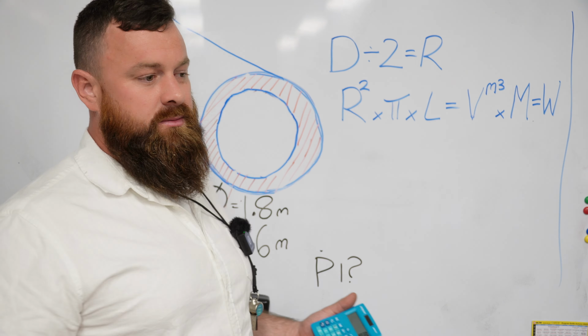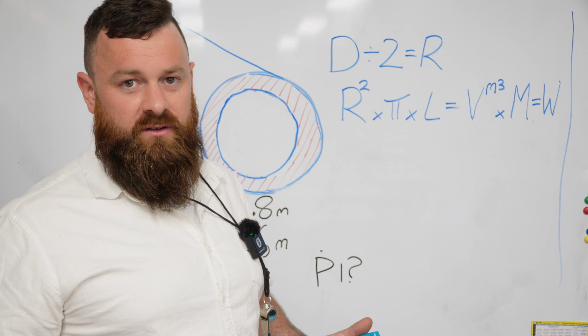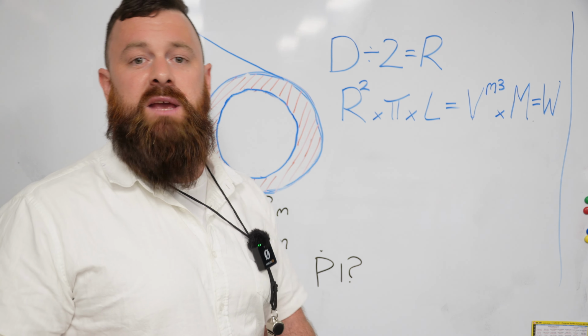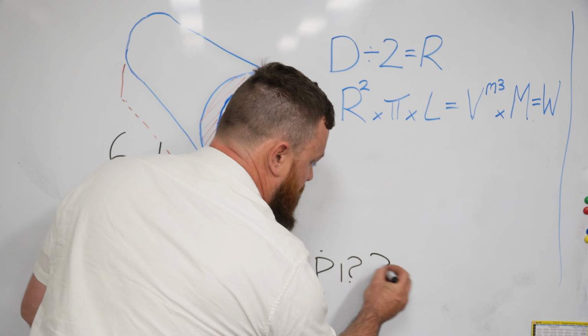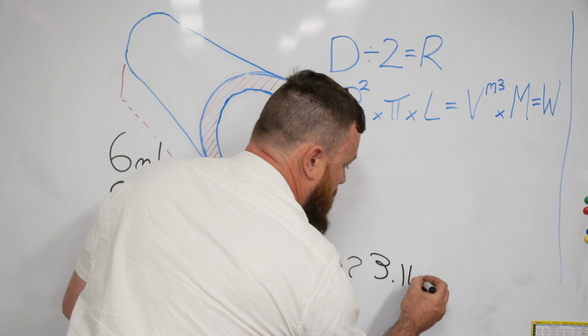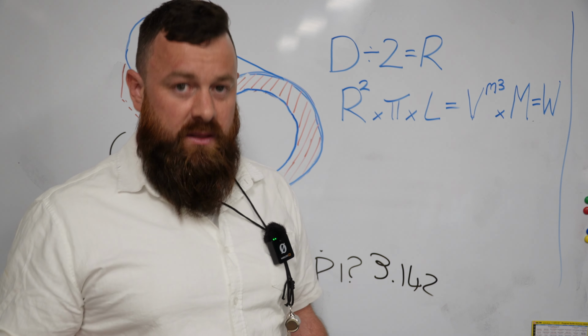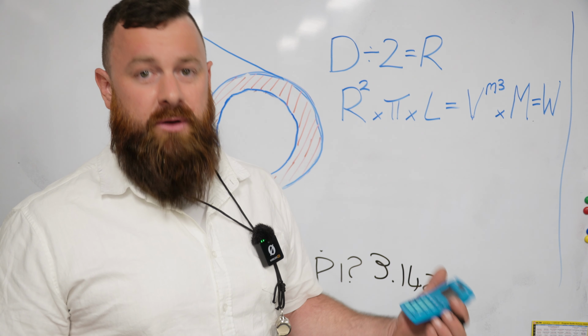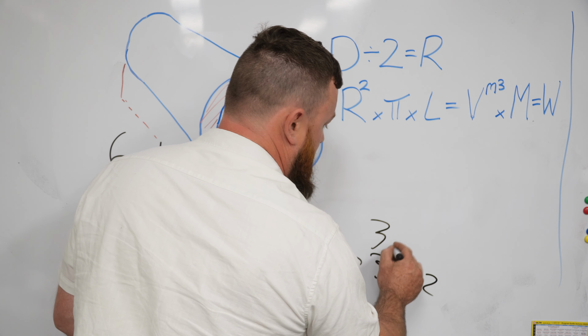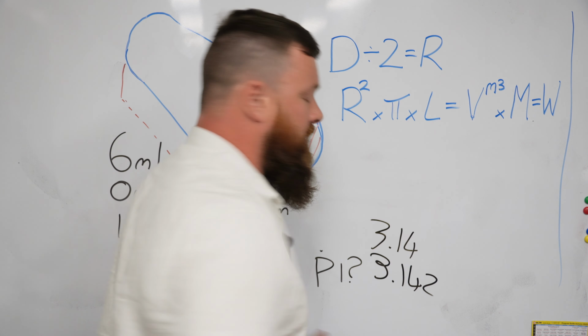What is pi? There are a couple of different versions of pi. If you were to ask me, I would say pi equals 3.142. Other people who have learnt from somebody else will say it's 3.14.